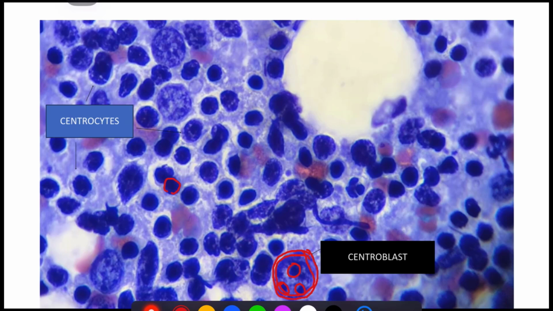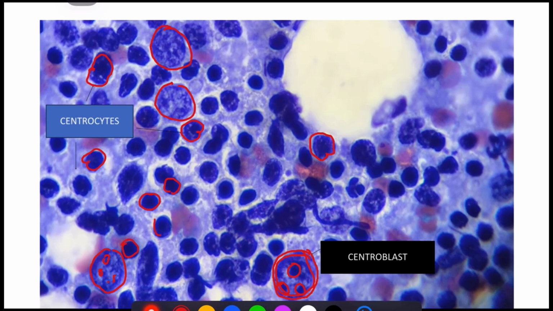So now you appreciate these are the small lymphocytes. These are the cleaved centrocytes. Here you can appreciate these are the large cleaved and this is the small cleaved centrocyte, right? So centroblast, open chromatin, nucleoli.